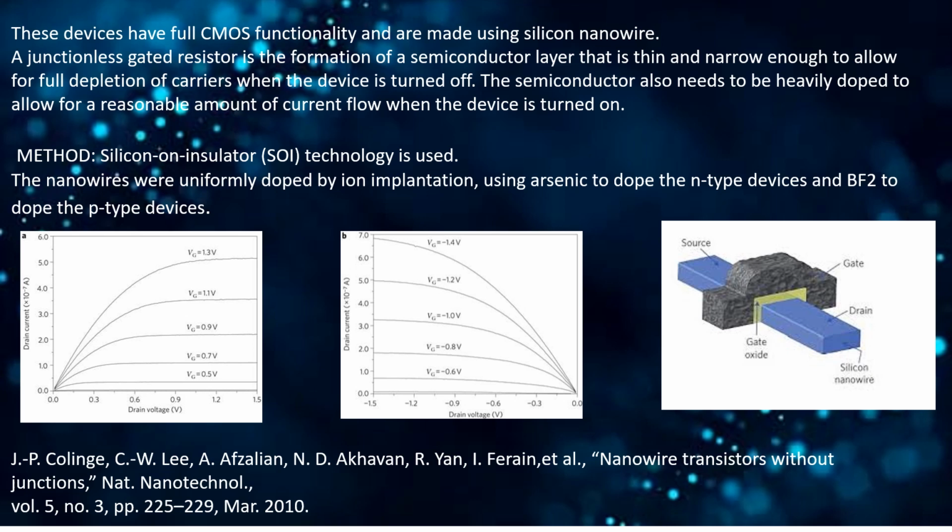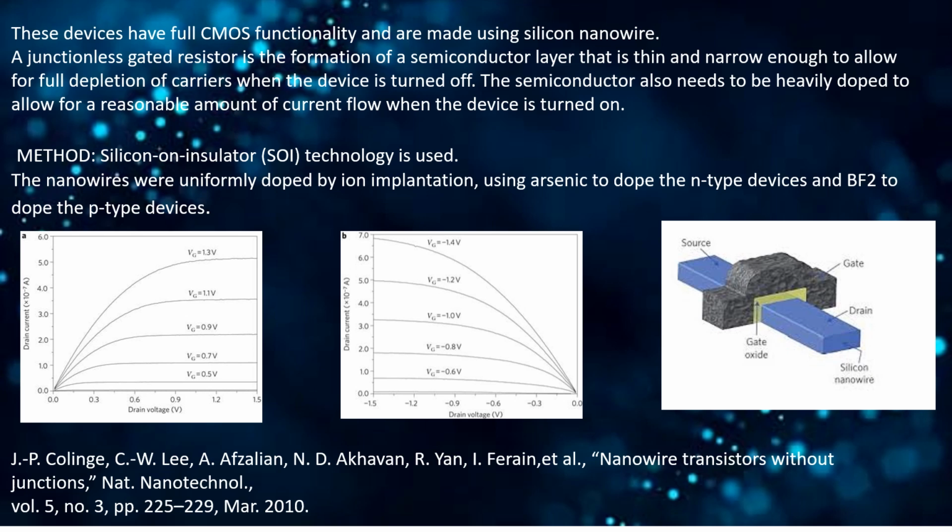Silicon on insulator technology is used here to produce high quality single crystal silicon films with a thickness of a few nanometers. After growing a 10 nanometer gate oxide, the nanowires were uniformly doped by ion implantation, using arsenic to dope the N-type devices and BF2 to dope the P-type devices.